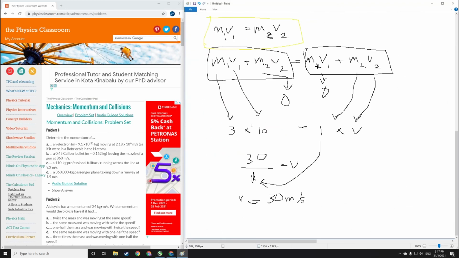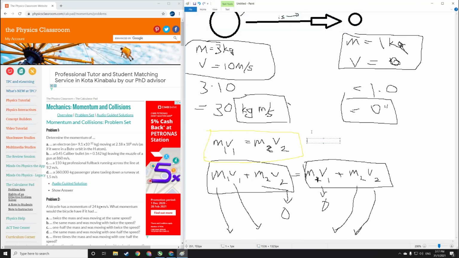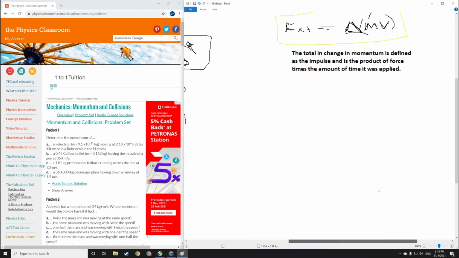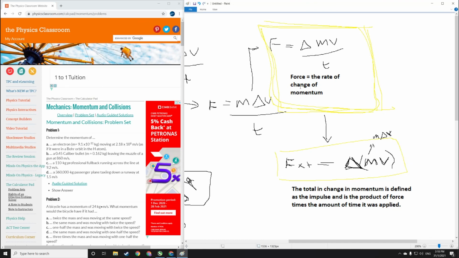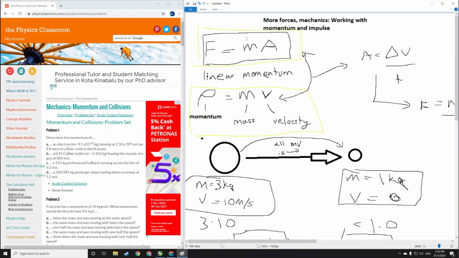Momentum, the conservation of momentum, which I'll write here, conservation of momentum. And finally, we have the rate of change of momentum, which is the change in momentum over a given amount of time, which is nothing but us rearranging F equals ma.